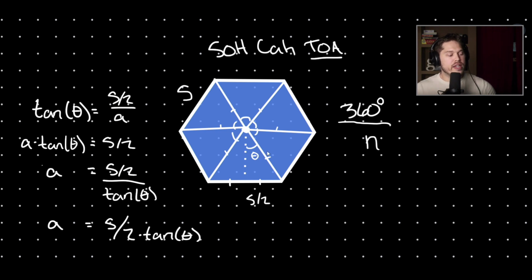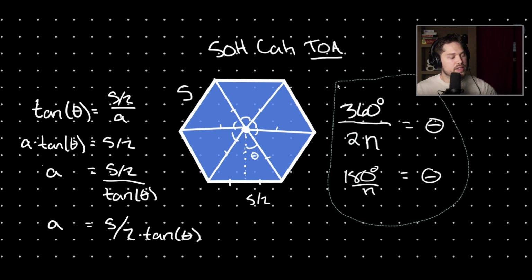However, we're then going to also divide by 2 because we cut our triangle in half with our apothem. So theta is equal to 360 degrees divided by 2n, which of course simplifies to 180 degrees over n for our theta. So let's clean this up.